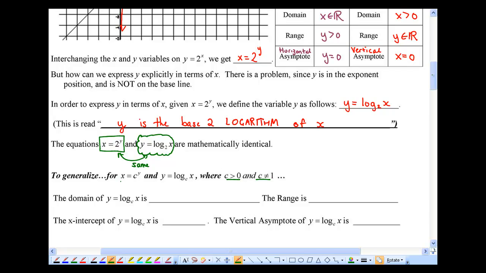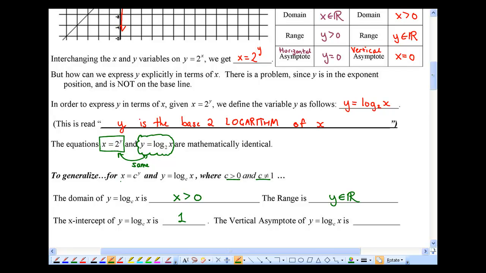Okay, if you got all these things, then what we have in general for the domain of this log graph is that the domain is always going to be x is bigger than 0, like what you see above. And the range is always going to be all real numbers. And the x-intercept of log base c of x is always going to be 1.